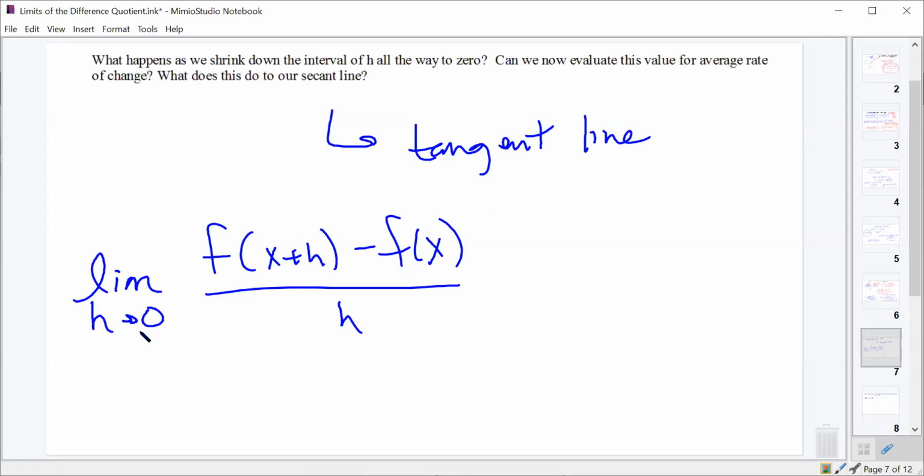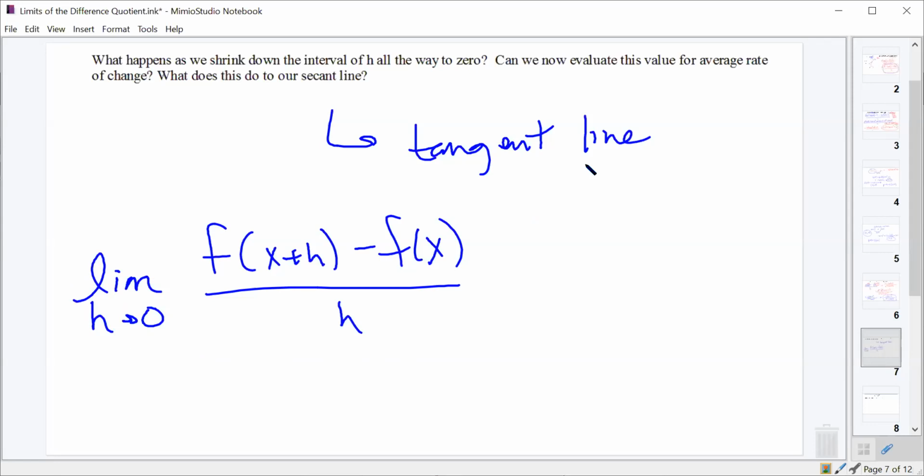Because now, is h going to be 0? No, just really close, exactly. So we're going to be looking at what happens to our difference quotient, what happens to the slope as the interval approaches 0. And that should tell us what the slope of the tangent line should be rather than the slope of the secant line.